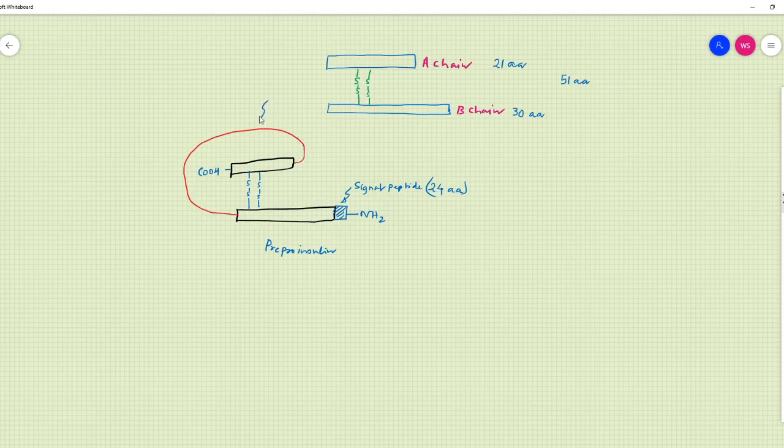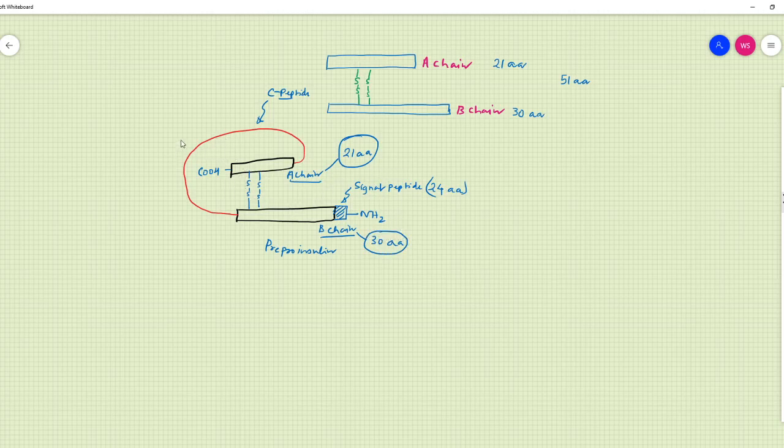And then you have something called a C peptide. Now the C peptide links the A chain to the B chain. So A chain, we know it's 21 residues, and B chain is 30 residues, right?